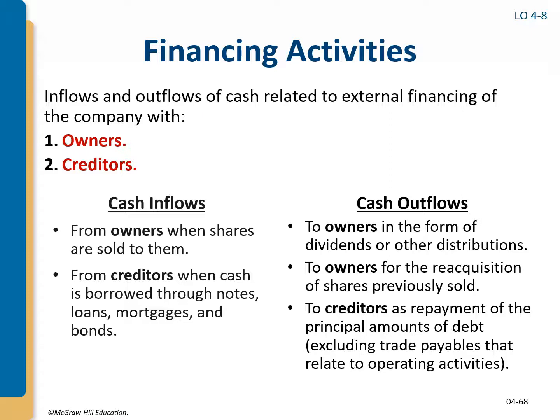That's cash coming in from financing. What kind of cash outflows would we have? When we pay a dividend to the owners, when we reacquire our own stock, treasury stock, because now we're paying out cash in the equity area, when we repay our loans, the principal portion. These would all decrease cash from financing activities.